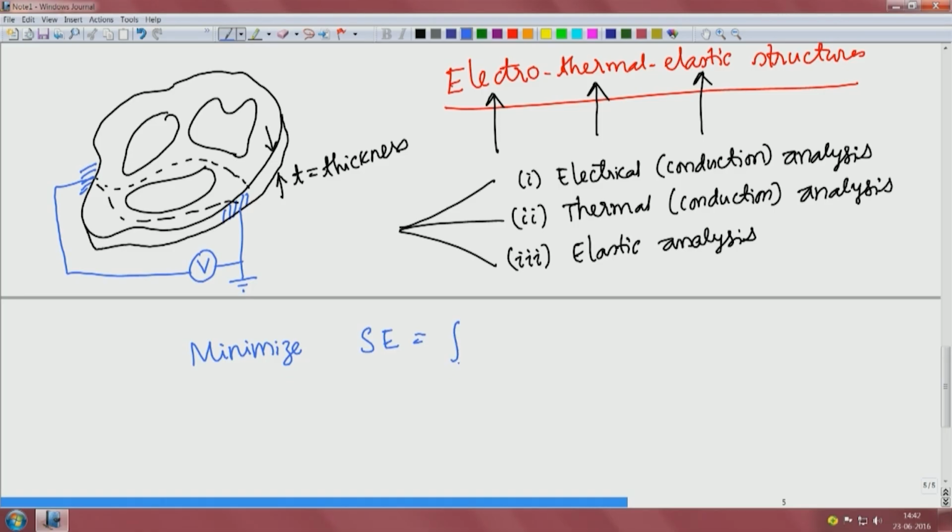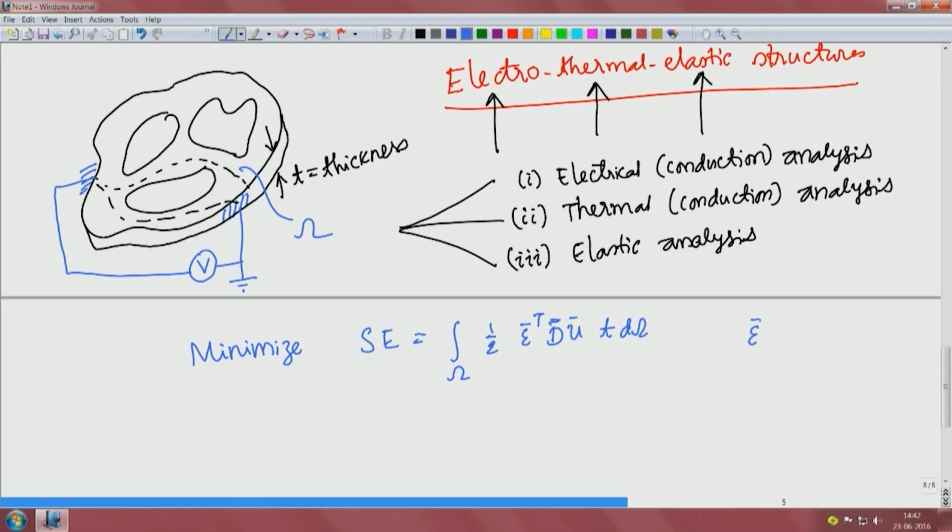So, this is over a domain, let us call this 2-dimensional domain some omega or area, and the strain energy is going to be half epsilon transpose D epsilon, and there will be T, the thickness, d omega, the 2-dimensional area. What are these things?